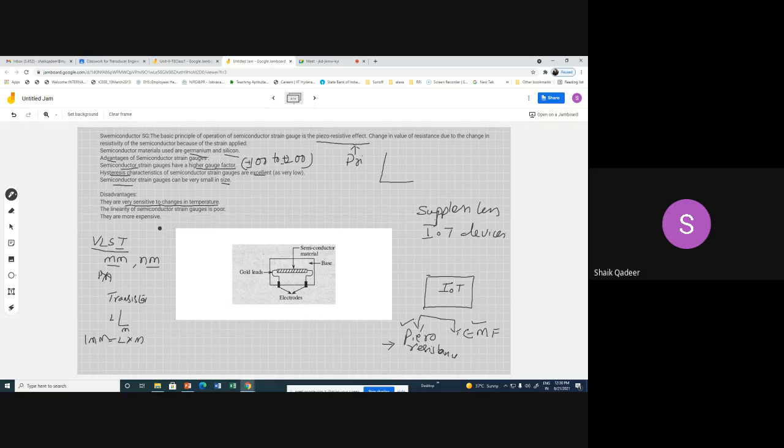Suppose the output generation is at 1 millisecond. The moment temperature increases, it becomes microsecond. So with different values of temperature, the sensitivity value will change.